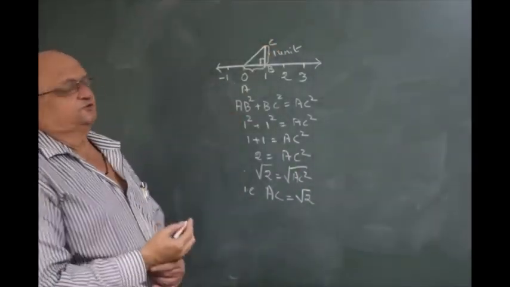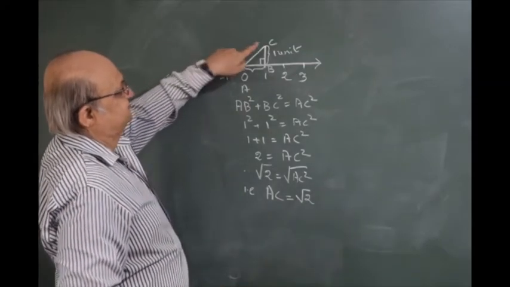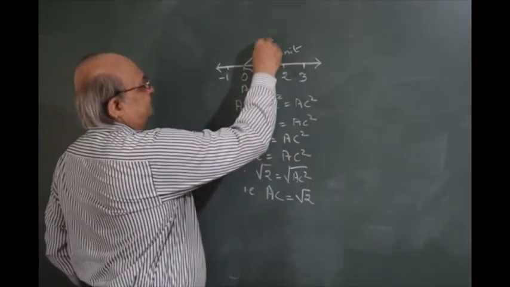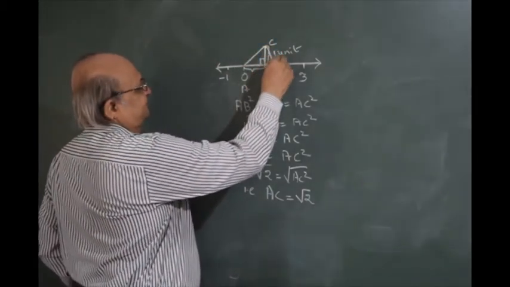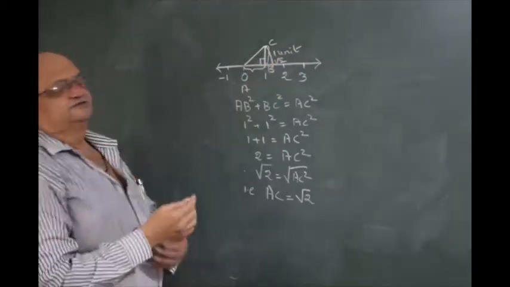And therefore this is root 2. So if we put the pointer of our compass here, measure this accurately, and draw an arc to intersect the number line, we will get our root 2 representation somewhere here.